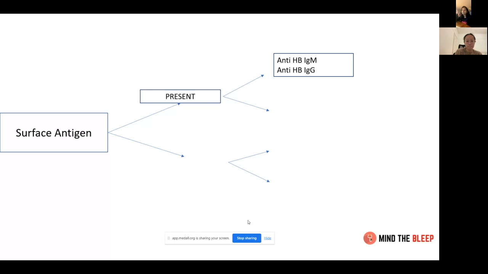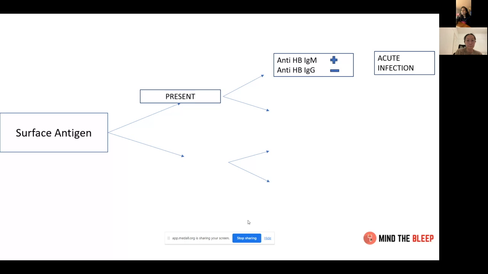Then you think about the IgM and the IgG. Forget about the surface and the core at the moment when they have positive surface antigen. IgM is an acute immunoglobulin and IgG is a chronic immunoglobulin, so it'll be raised in chronic conditions. If someone's got IgM positive and IgG negative, that tells you they've got an acute infection.